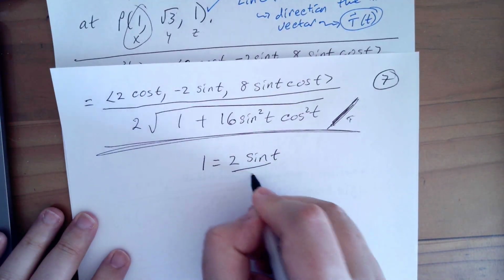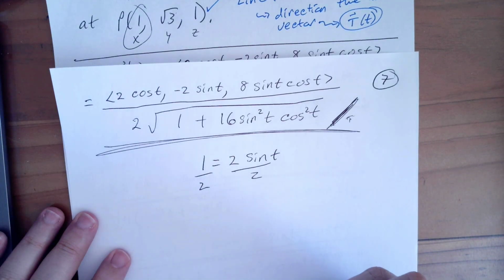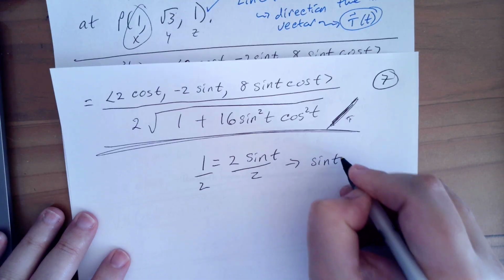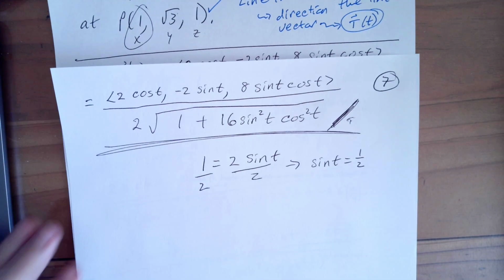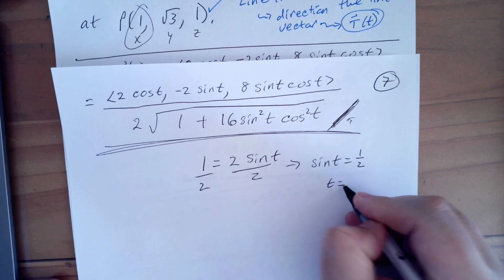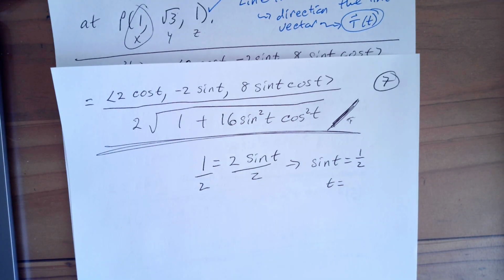So start by dividing both sides by 2. You'll end up with sine of t equal to a half. And going back to the unit circle, or if we do a 30, 60, 90 right triangle, I think the t that will fit this description is pi over 6.